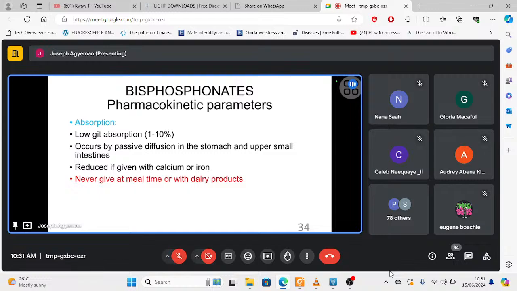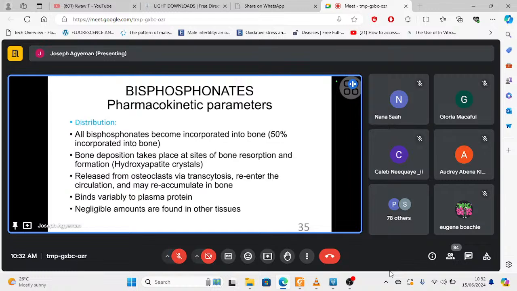If you take it together with any drug that contains calcium, remember in osteoporosis, you may be doing additional calcium as in management. So you'll be giving an agent that contains calcium. So mind you, you shouldn't give the two together. You need to space them. Else bisphosphonate absorption will be impaired.